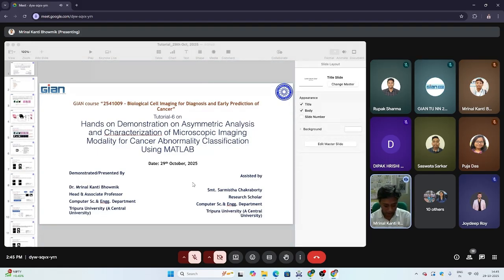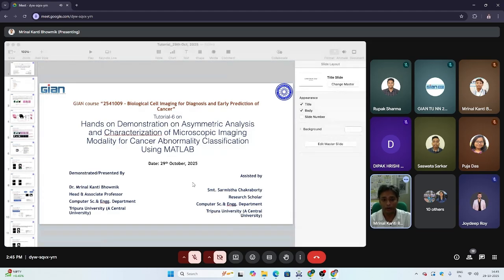going to start today's tutorial 6, 29th October, Wednesday, and the topic, as you know, is the hands-on demonstration on asymmetric analysis and characterization of microscopic imaging for abnormality classification using MATLAB.